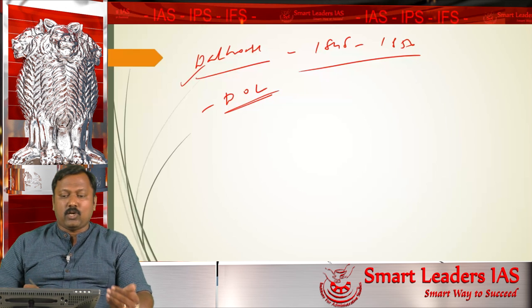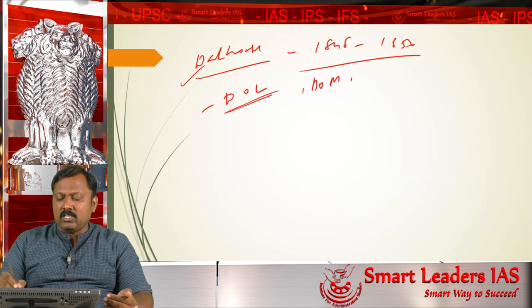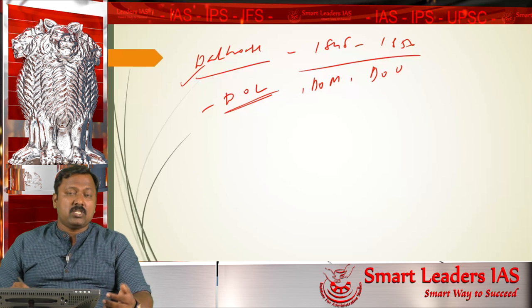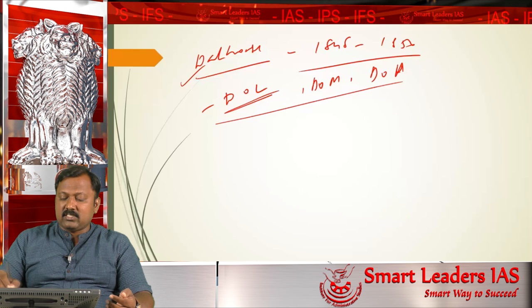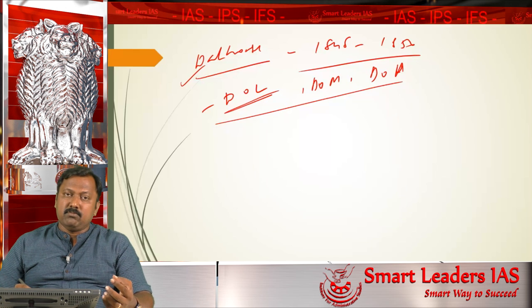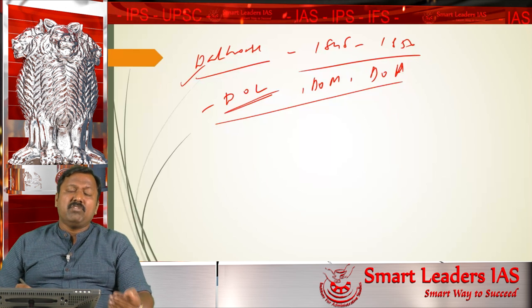Dalhousie used the doctrine of lapse, the doctrine of misgovernance, and outright annexation. Over a period of time, Dalhousie annexed whatever part was left by the British. So that also became very important.